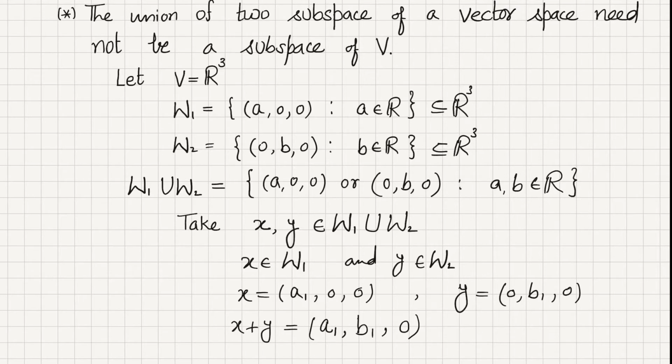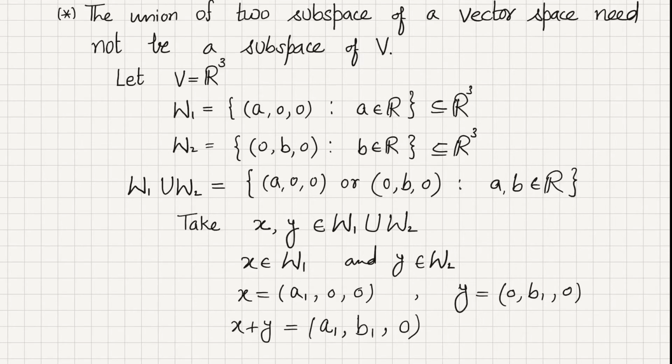Now this element (a1, b1, 0) is not in W1 union W2. Why? Because the elements in W1 union W2 are either of the type (a, 0, 0) or of the type (0, b, 0).